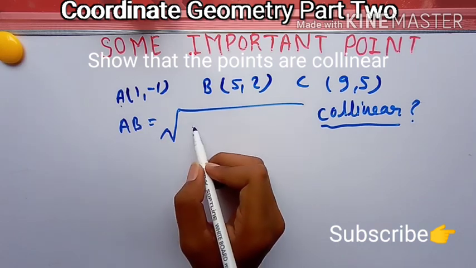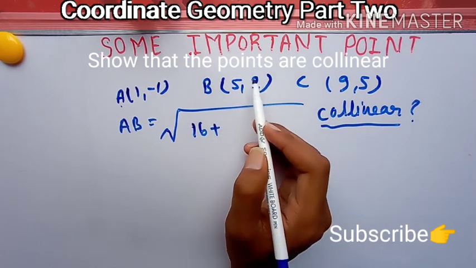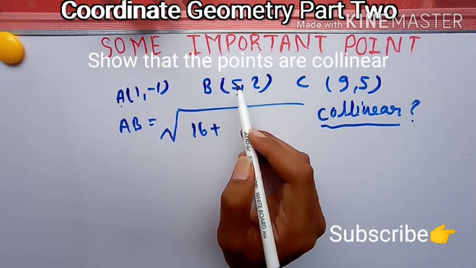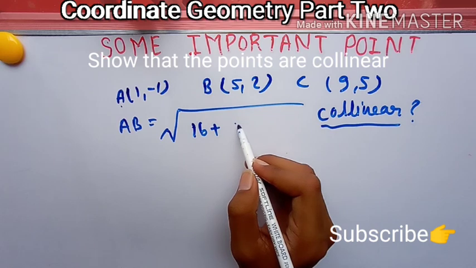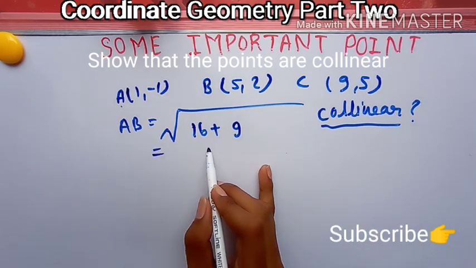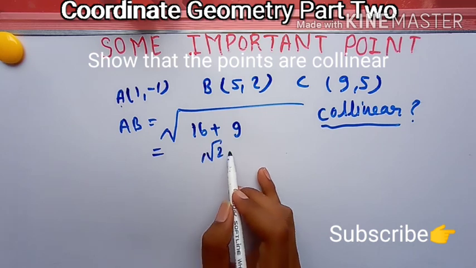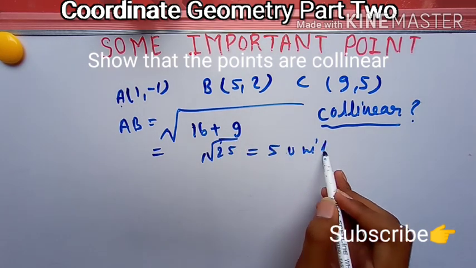5 minus 1 is equal to 4, and squaring 4 gives you 16. 2 minus minus 1 means 2 plus 1. How much? 3. 3 squared is 9. This gives you 25 under root, and its value is 5 units. Is it okay?